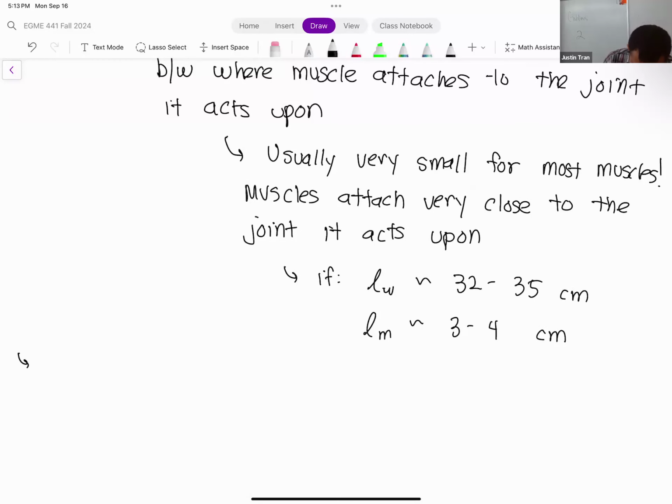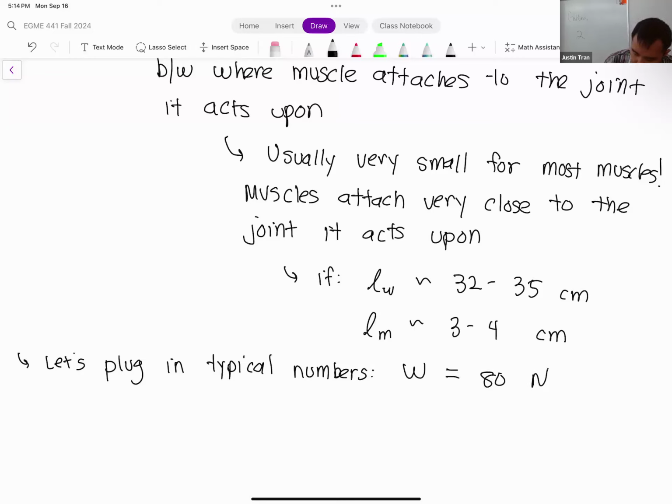So let's plug in. Okay. So let's do a relatively modest weight. We'll do a weight of about 80 newtons. Okay. The weight of the arm, we'll say it'd be about 20 newtons.